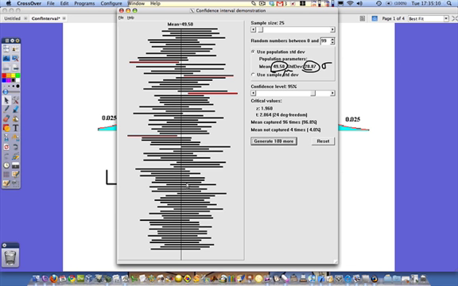Here's 100 confidence intervals. Most of them capture the truth. Here's the truth right here. Notice how the truth doesn't change from sample to sample. It's the samples that change. The ones that are in red, this one, this one, this one, this one, did not capture the truth. We'd expect that.